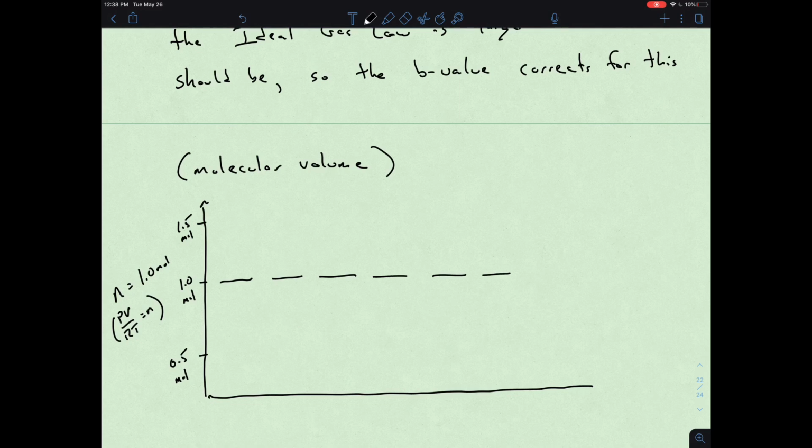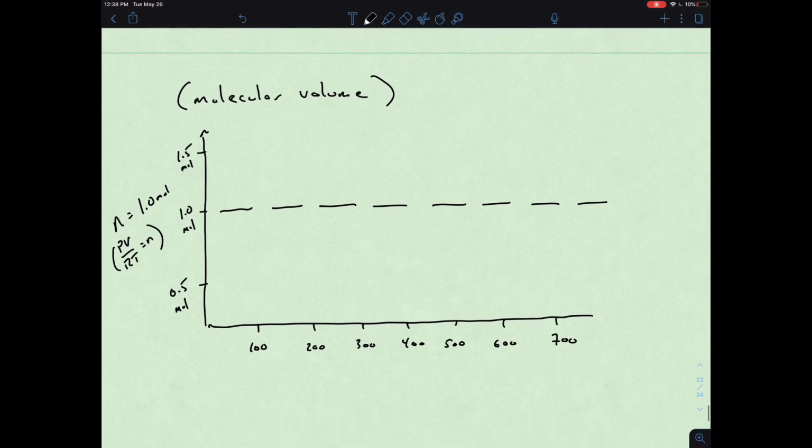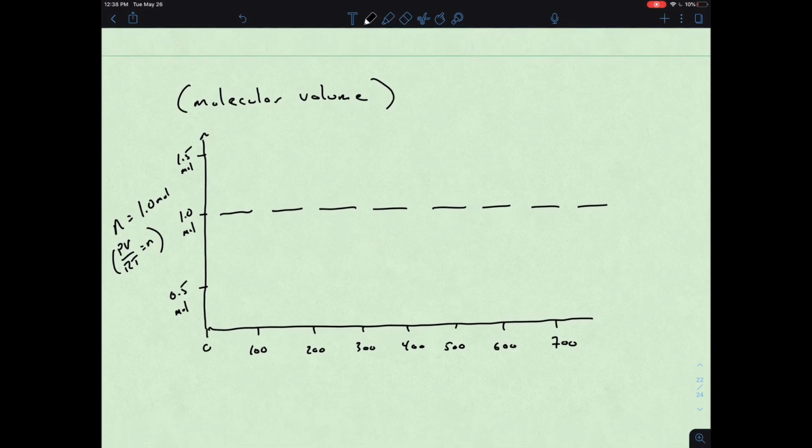If we know we have 1 mole of gas, then we should get this type of straight line. On the y-axis, we'll have pressure in terms of atmospheres. And what we're looking at is pretty significant pressure here. And so right here is where we would have 0. So these are all in terms of atmospheres.